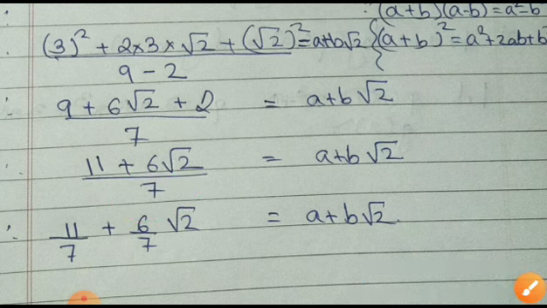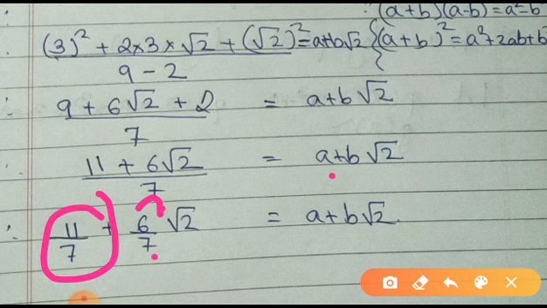Now what I have done is, after this step, don't directly write a as 11 and b as 6. What you should do is, since it is completely divisible by 7, have a separate division. I'll be getting 11 by 7 plus 6 by 7 root 2.